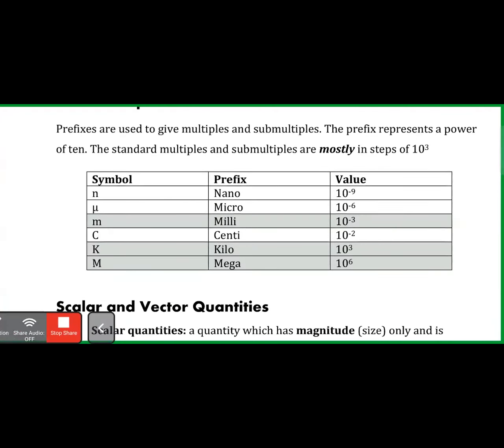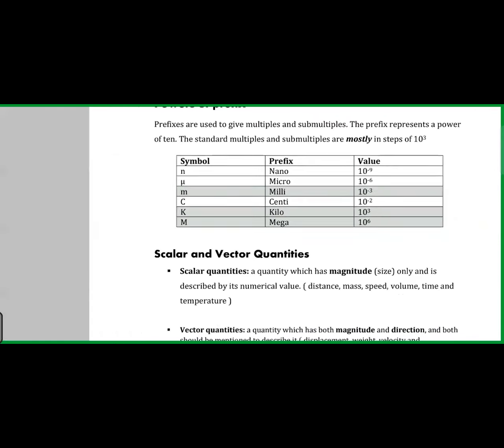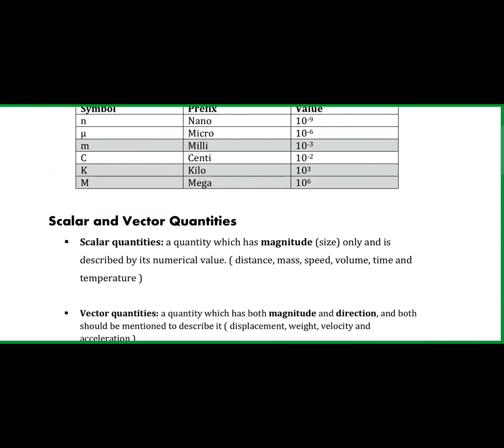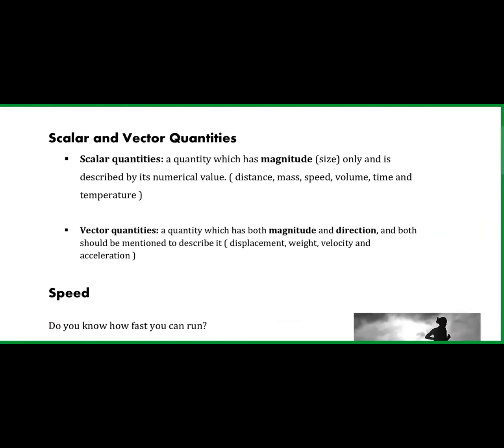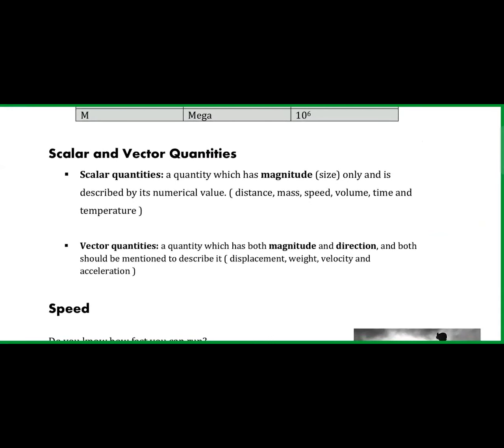This is a very important transformation. It is the basics of physics. The next point is scalar and vector. What's the meaning of scalar and vector quantities? Physical quantities are divided into scalar and vector quantities.